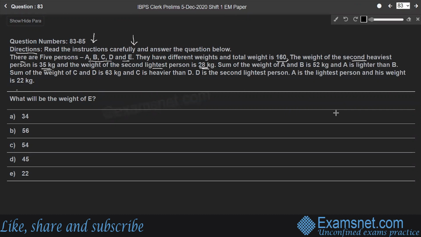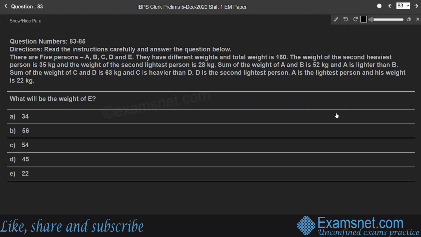Sum of the weights of A and B is 52 kg and A is lighter than B. And sum of the weights of C and D is 63 kg and C is heavier than D, and D is the second lightest person and A is the lightest person and his weight is 22 kgs. Then what will be the weight of E here?